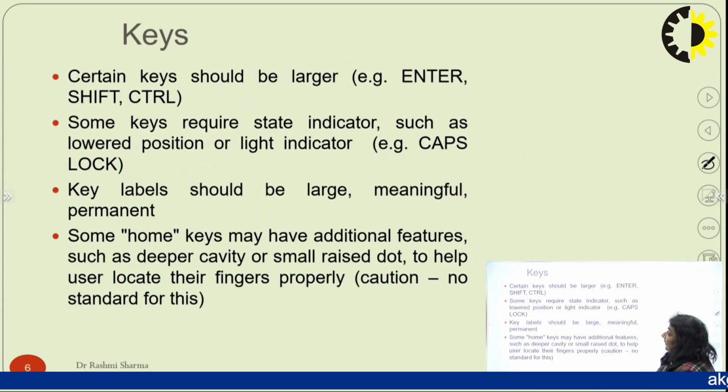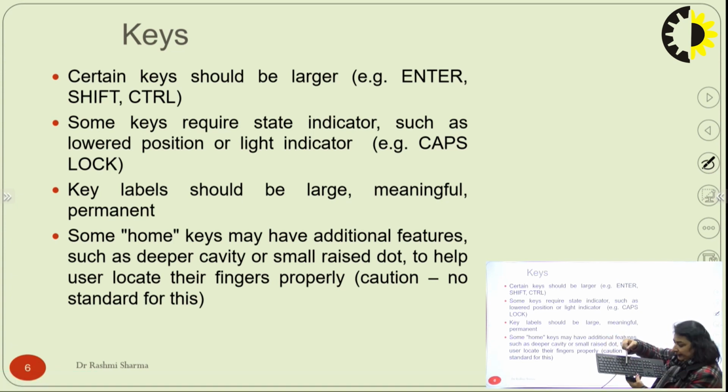Okay. Then certain keys should be larger. Obviously, as I told you, you have some certain keys, and we can see on this keyboard, the shift key, this key is larger in size. The enter key, the backspace key, those are not square keys. Obviously, the tab, caps lock, shift, control, and again the enter key, the alt key, and the window key.